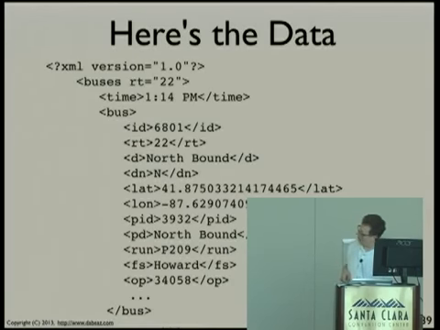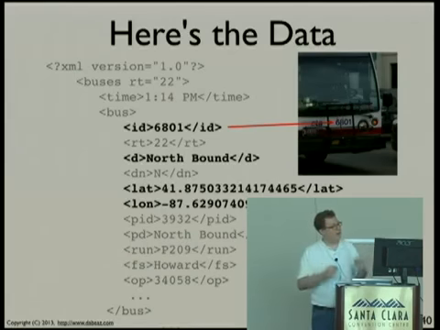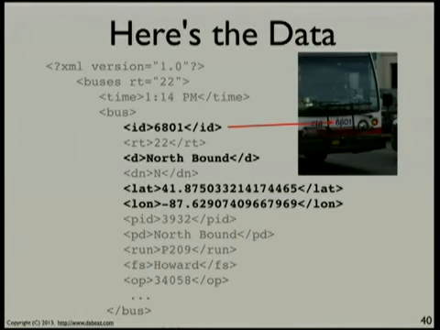So you have some XML, and inside the XML, there are certain things of interest, like vehicle identifiers, what direction the bus is going, and the latitude and longitude coordinates of it. There's even some stuff in here that's sort of questionable. As far as I know, this op field, down at the bottom, is actually the employee ID of who's driving.